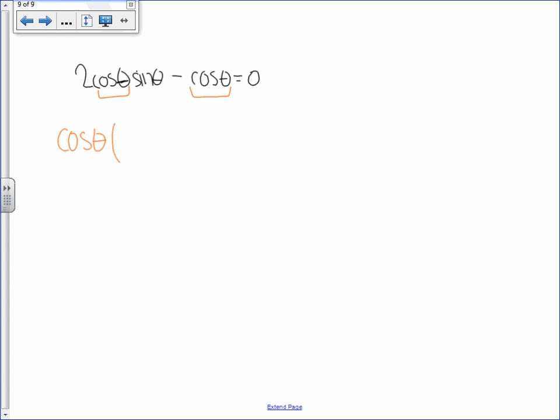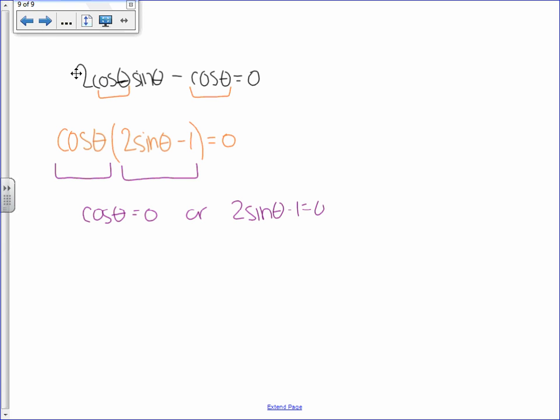And when I do that, I'm going to be left with 2 sine theta minus 1 equal to 0. And now that you have this broken up, this factor just has one trig function, and this factor just has one trig function. So that's actually nice, because we'll have cosine theta equals 0, or 2 sine theta minus 1 equals 0. And these are both solvable because these both just have one trig function.